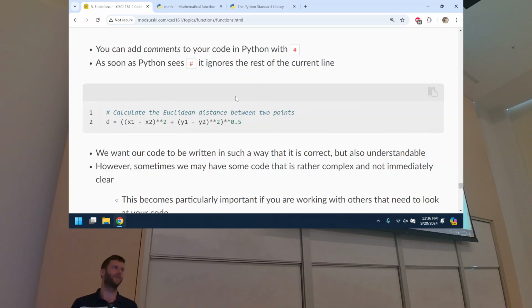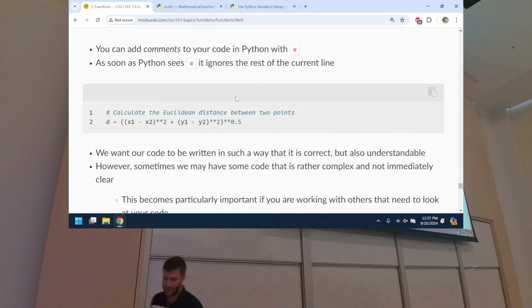Now, comments. We've seen these already, but I haven't explicitly talked about them. Comments are lines or chunks of words in your code that Python ignores entirely. As far as Python's concerned, it's a blank line. Comments exist for humans, the programmers, to write details into their code, to maybe explain things a little bit better for somebody.